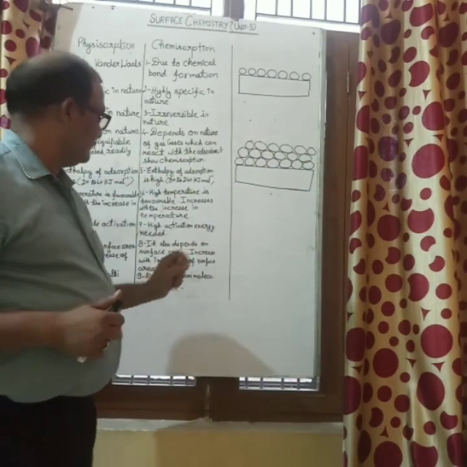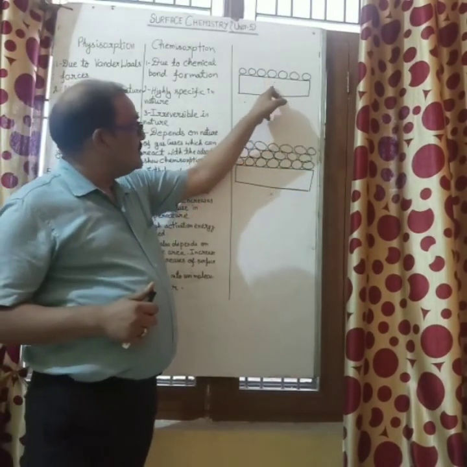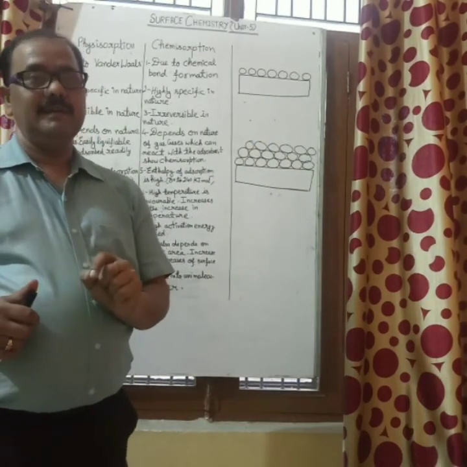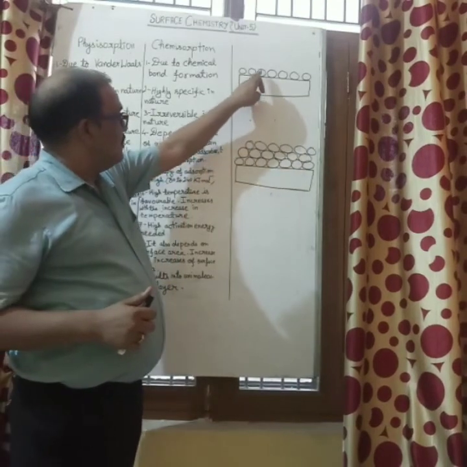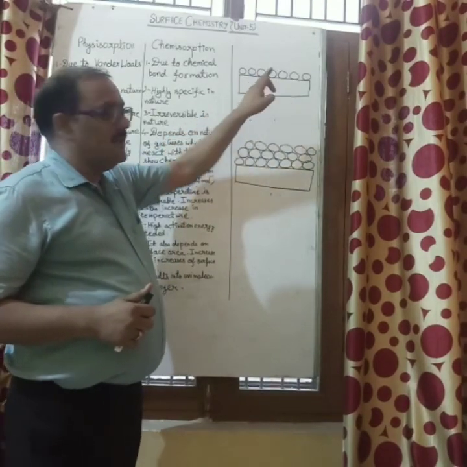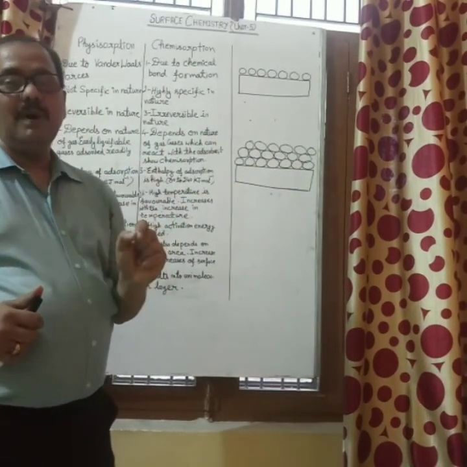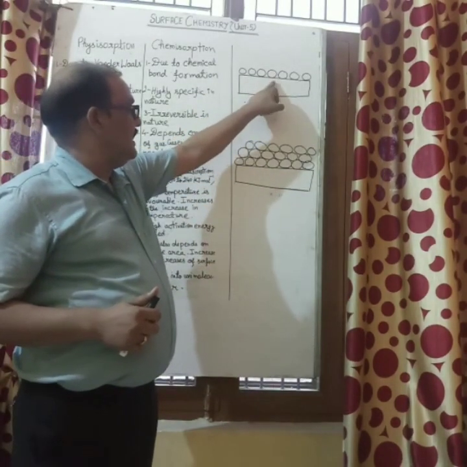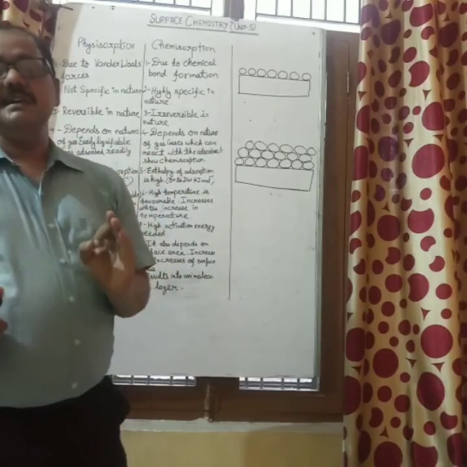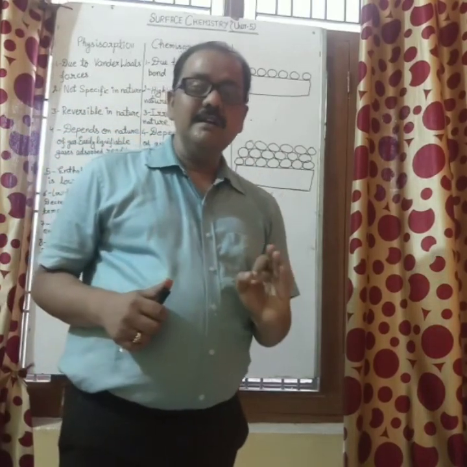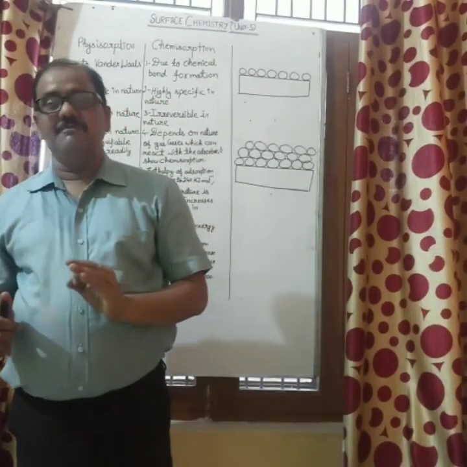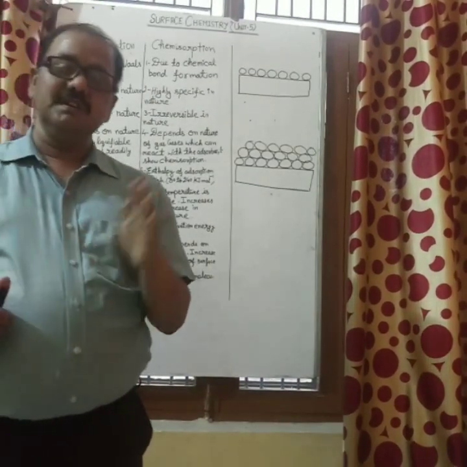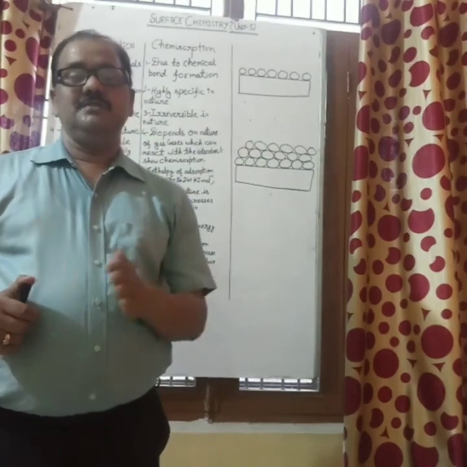But chemisorption forms a unimolecular layer because of again a formation of the compound between adsorbate and adsorbent. So these are the important basic differences between physisorption and chemisorption. Okay, class.